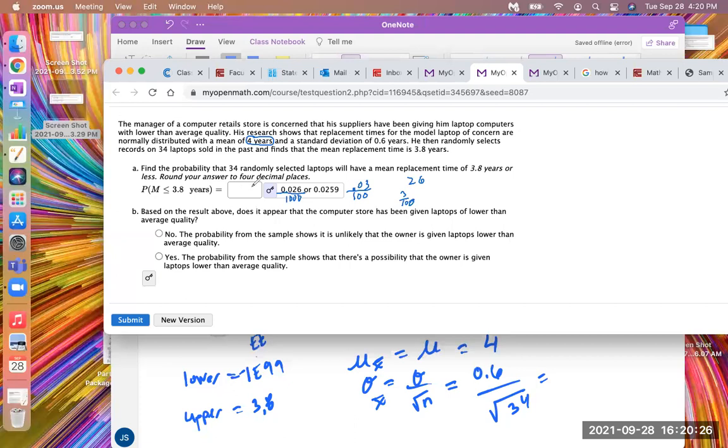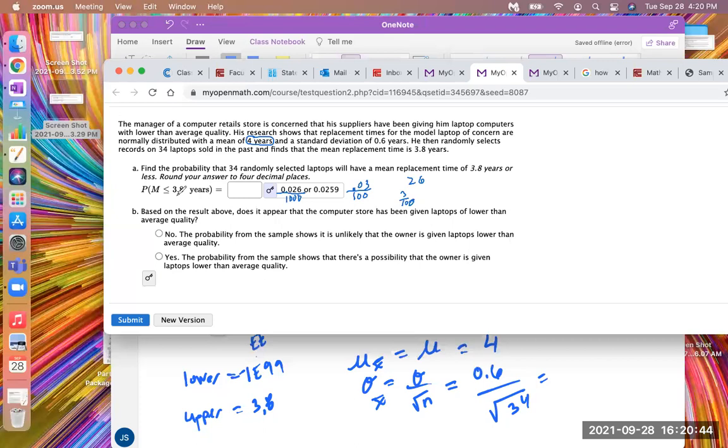Doctors kind of use this: if something's very unlikely to happen, unfortunately, I feel like they assume it doesn't happen.